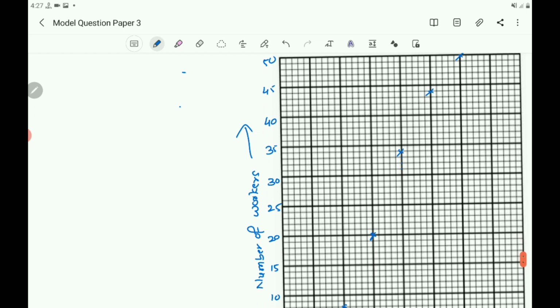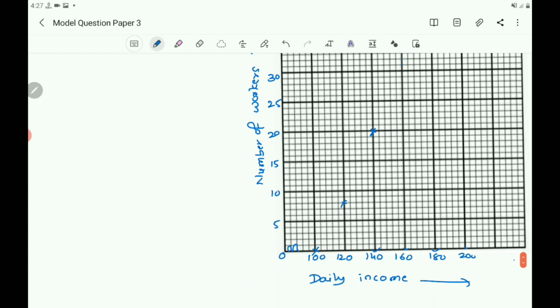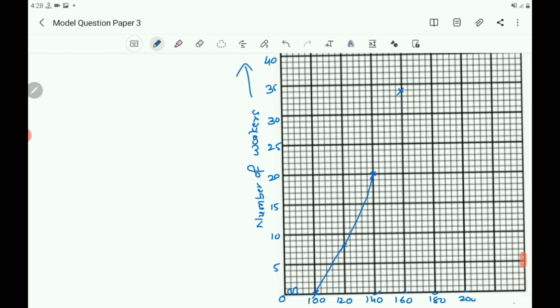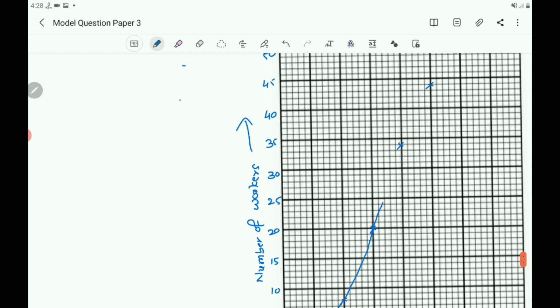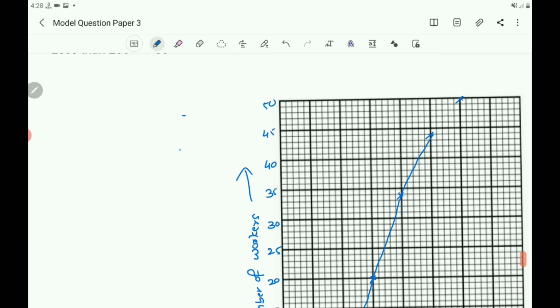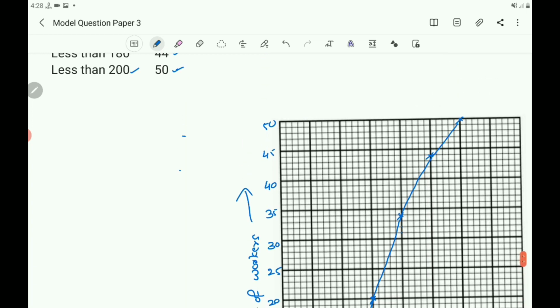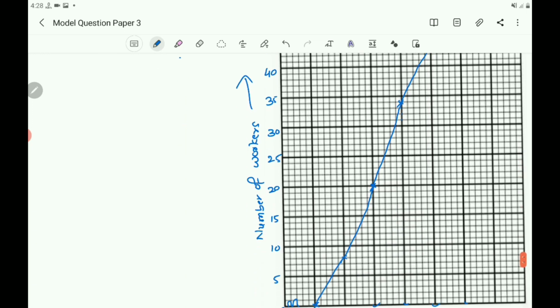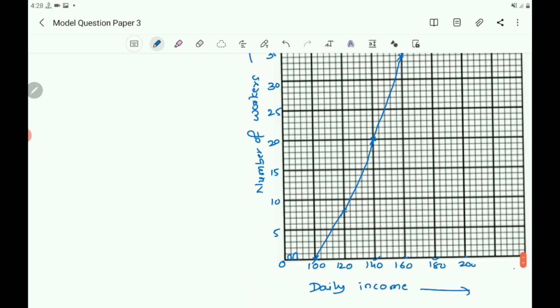Now you join all the points. So you got an ogive, that is less than type ogive you got.